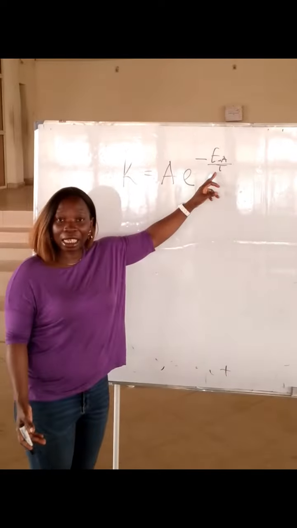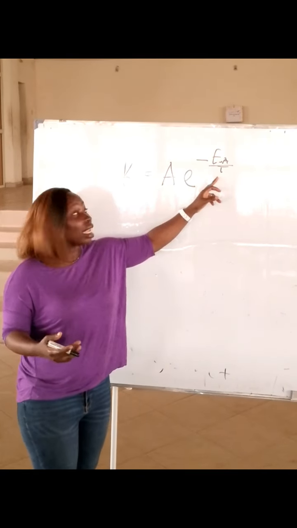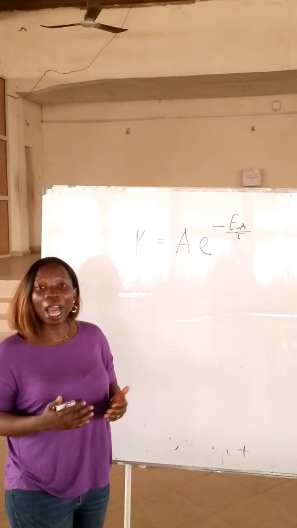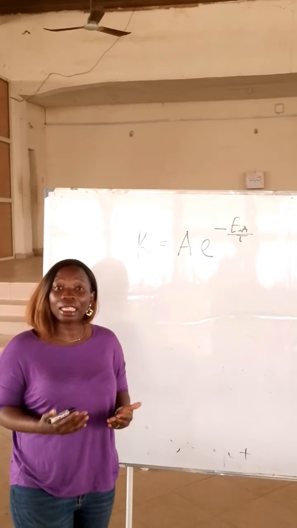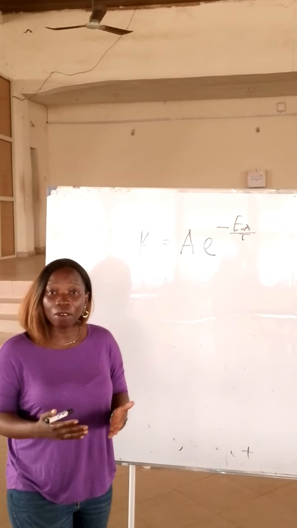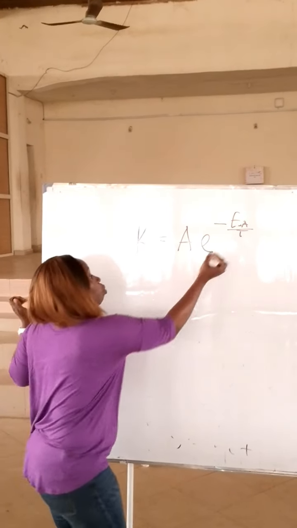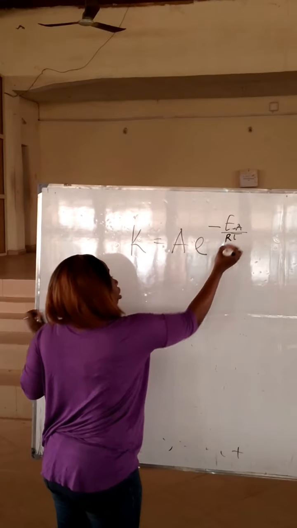Then we have the T. T is absolute temperature, and you know absolute temperature is measured in Kelvin. Then don't forget we have a constant, which is the molar gas constant.